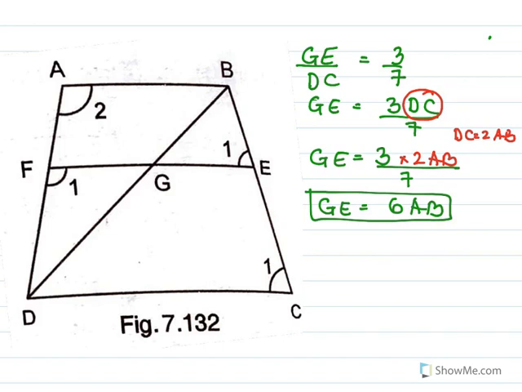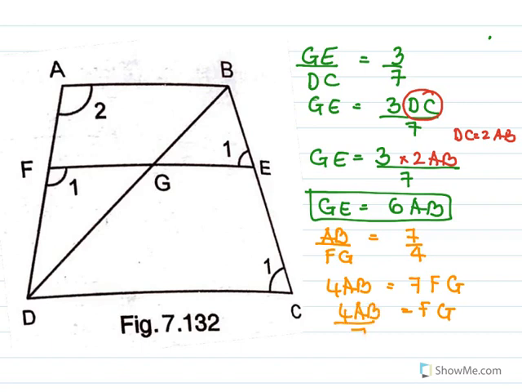We also proved in the next slide that AB over FG equal to 7 by 4, which means now 4AB equal to 7FG and FG equal to 4AB over 7. This is important.